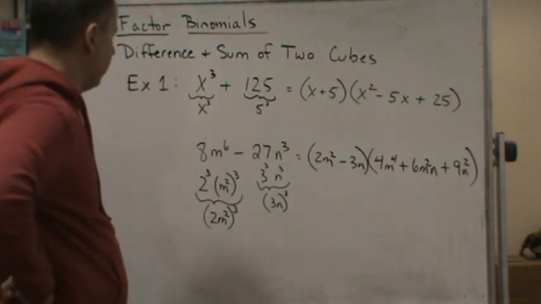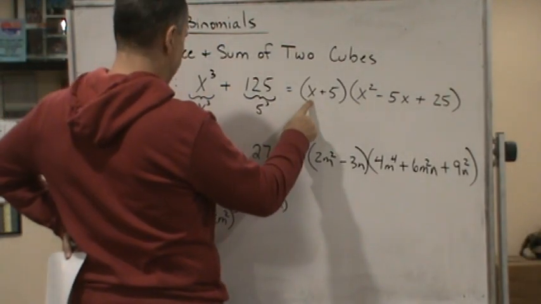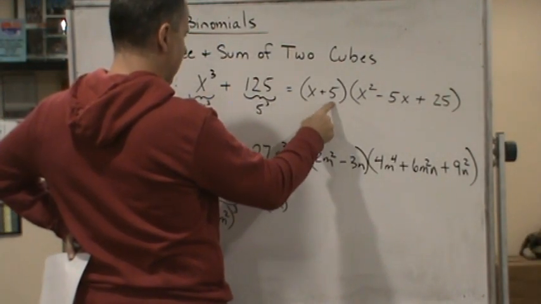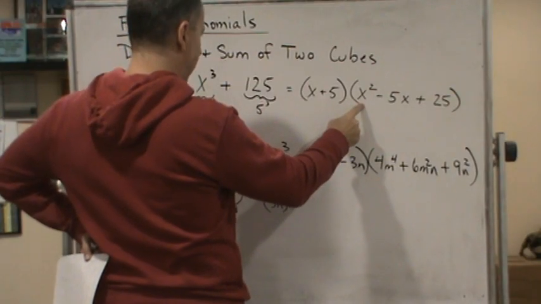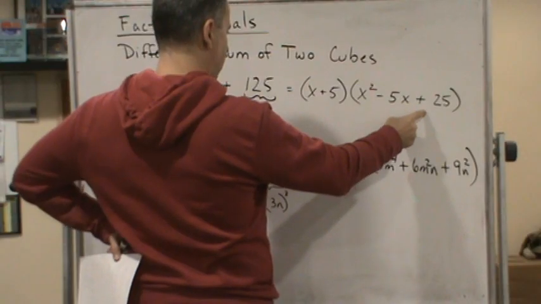So just make sure I did this right. So it's going to be x plus 5, and then x squared minus 5x plus 25, that's right.